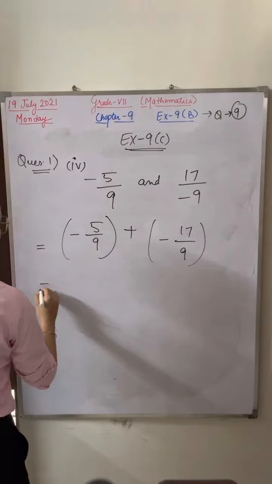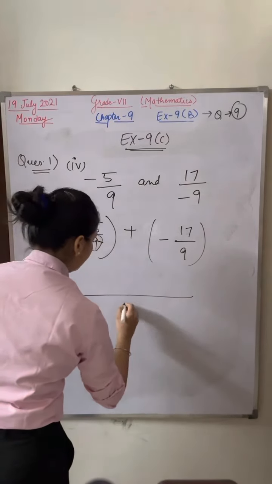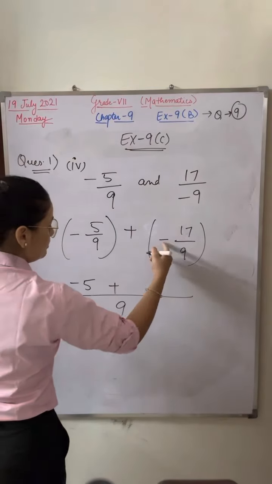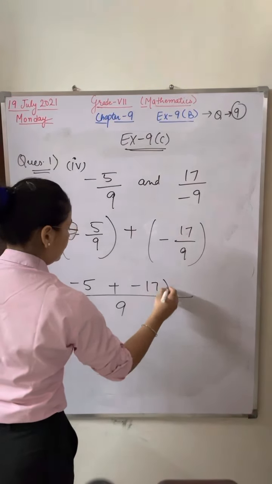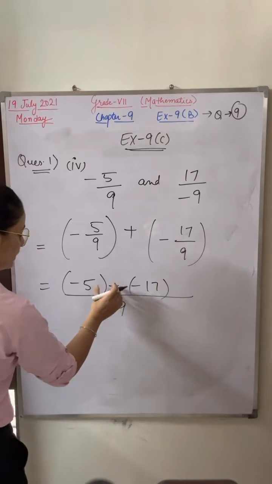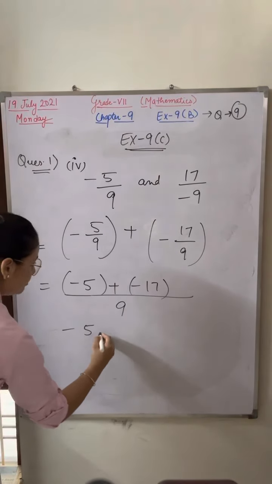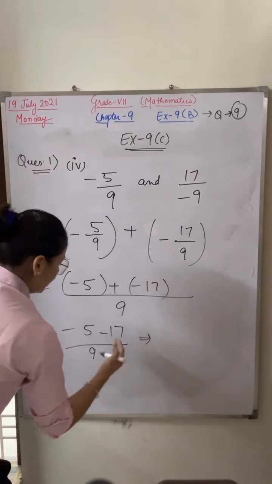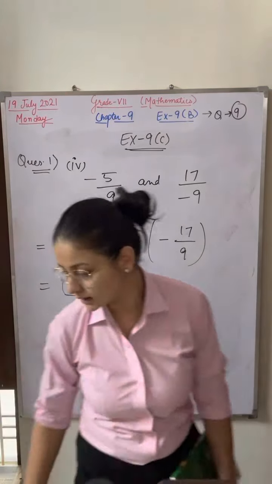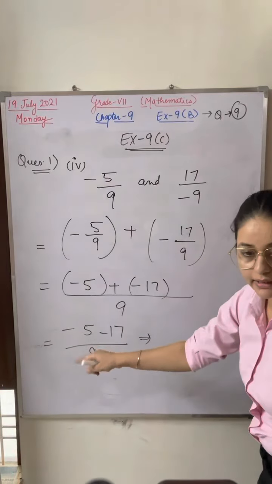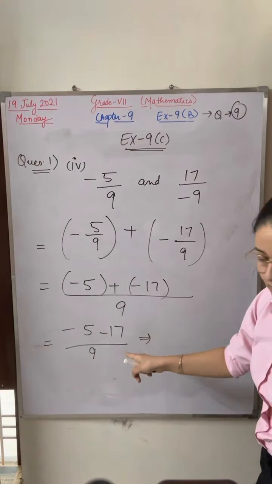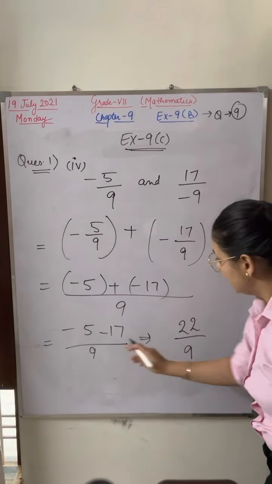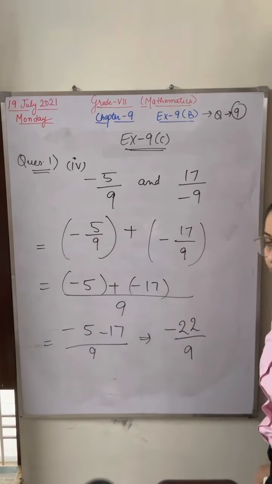When you add, the LCM of 9 and 9 will be 9. Minus 5 will be as it is, plus minus 17. When you open the bracket, it is minus 5 minus 17, divided by 9. When both are negative, you add them. The answer will be 22 divided by 9, and the sign will be negative.